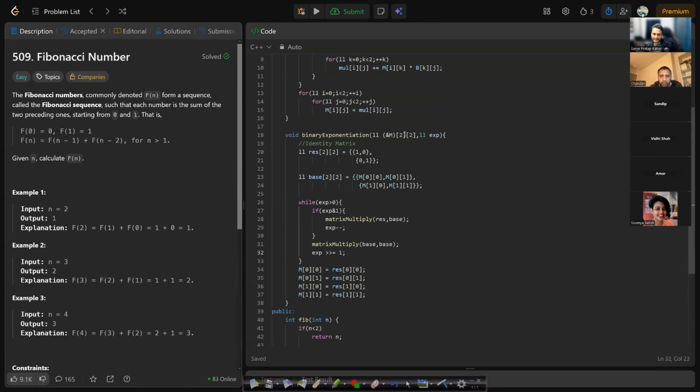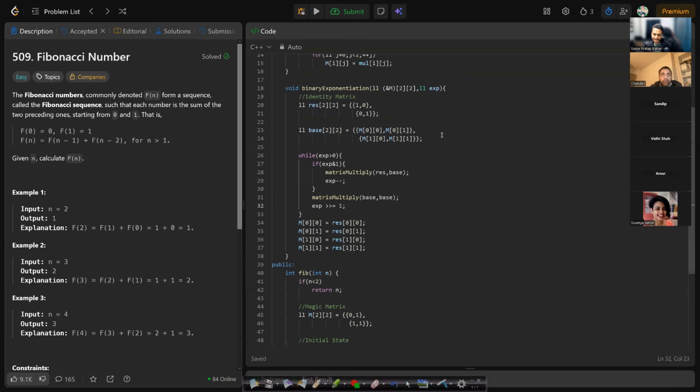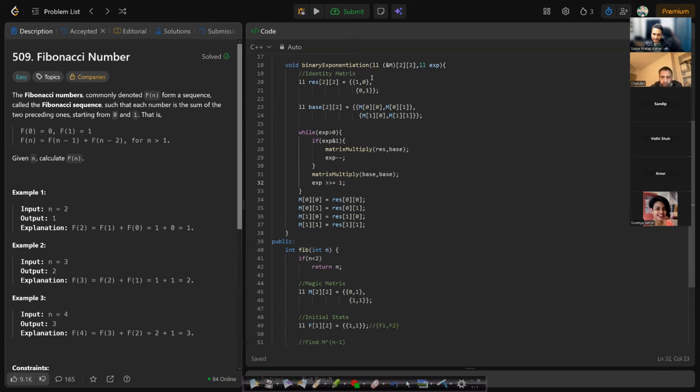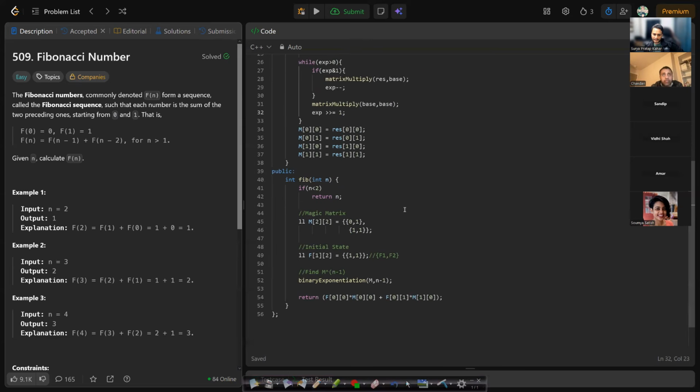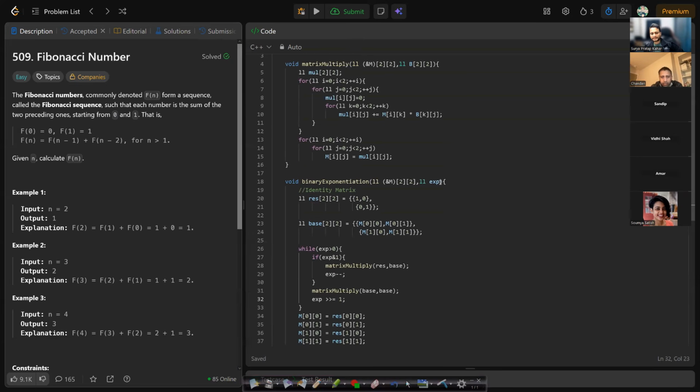If I don't care, I can use it. Because in this case, if I take M, I don't think I'm using it anywhere else, right? And even in the final portion, I'm not using it. You can also change M. You can try to do the changes if not needed. I just separated it. Got it.